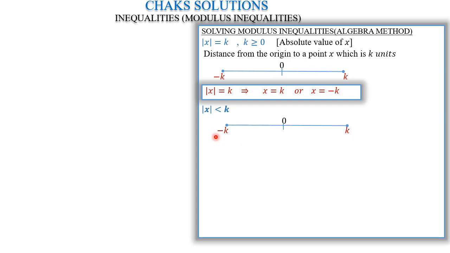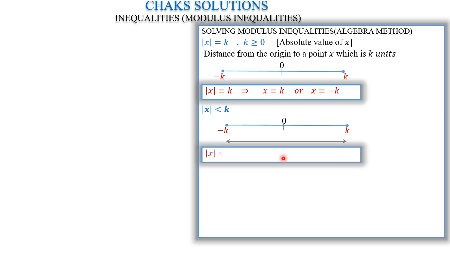So x will be lying in the range from minus k to k. Which means modulus of x less than k can be written as minus k less than x less than k. Alright, so let's go to the last one.